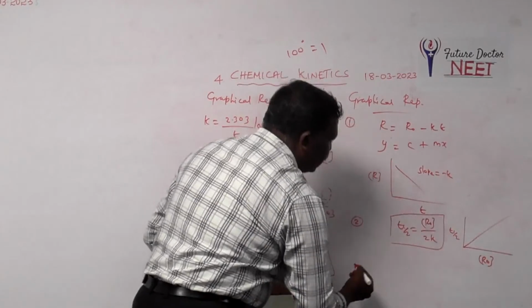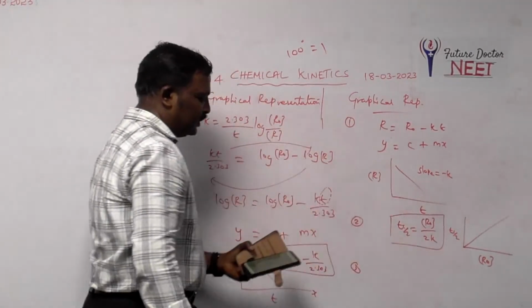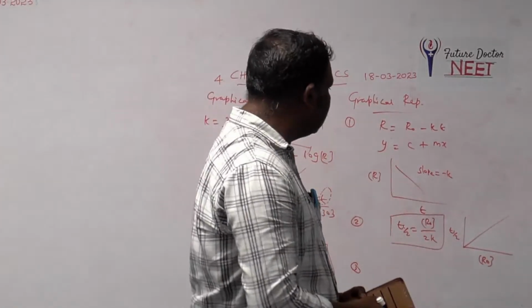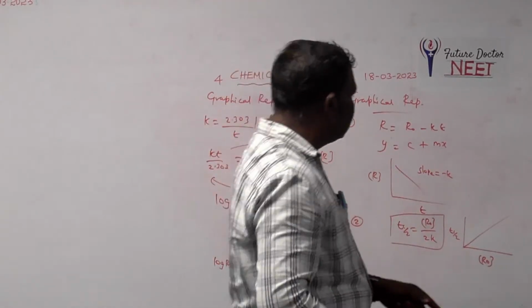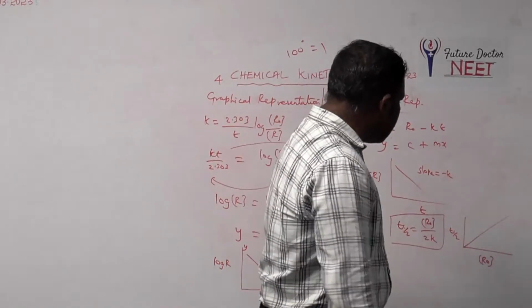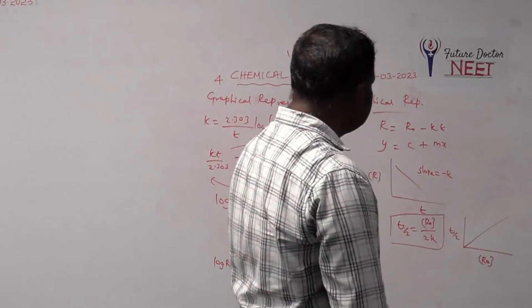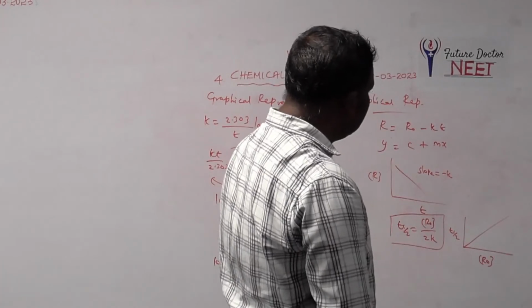Then one more graph I'll give. Just copy this one. In this case, we don't have any slope. Slope means positive slope. t half.